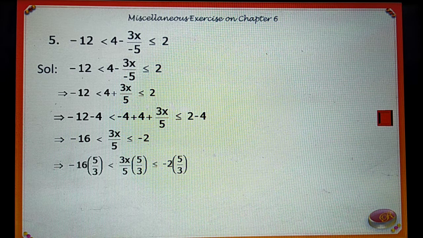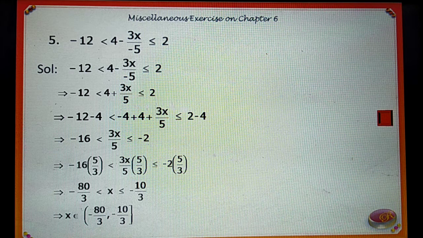Implies minus 80 by 3 is less than x is less than or equal to minus 10 by 3. Implies x belongs to open interval from minus 80 by 3 to minus 10 by 3, including minus 10 by 3, but excluding minus 80 by 3.